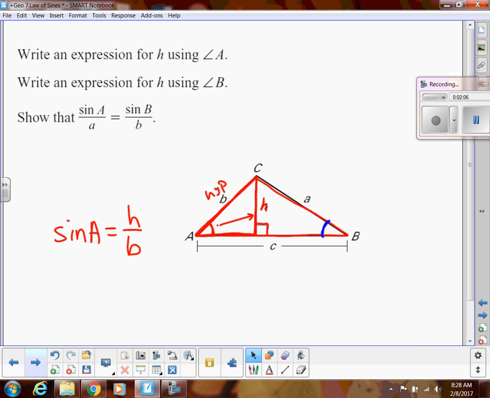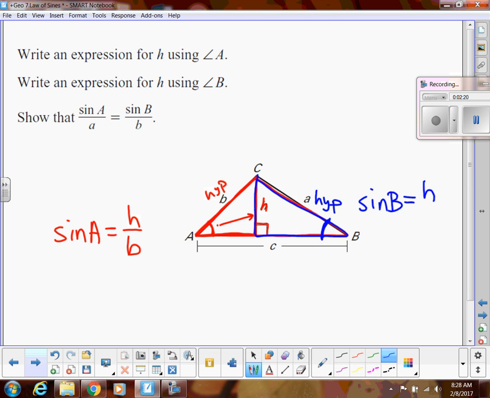If I do the same thing for angle B, this H side is opposite and this side is the hypotenuse in the triangle on the right-hand side, so the sine of B is equal to H over A. So far, nothing really new there. That's just doing your SOHCAHTOA. But now I'm going to solve each of these for H, to get H by itself.